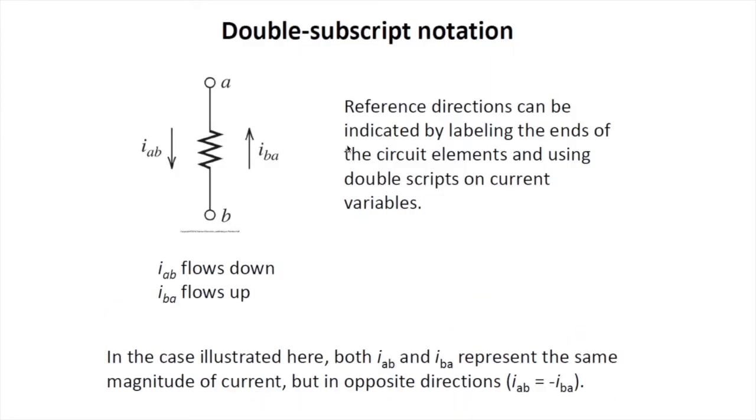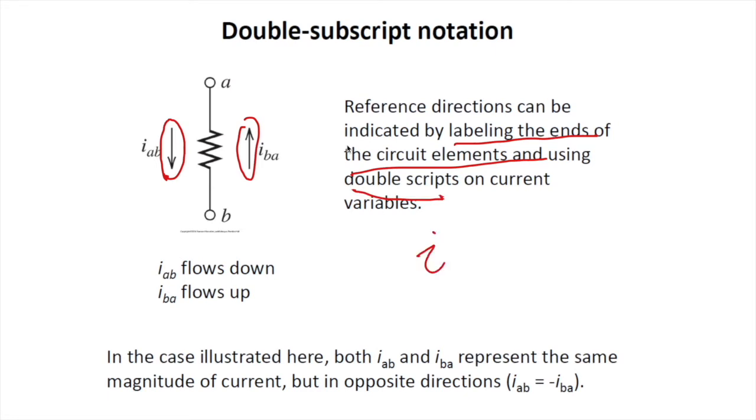And in the previous slides, we used the arrow to represent the reference direction. The reference direction can also be indicated by labeling the ends of the circuit elements using the double subscript on the current variables.